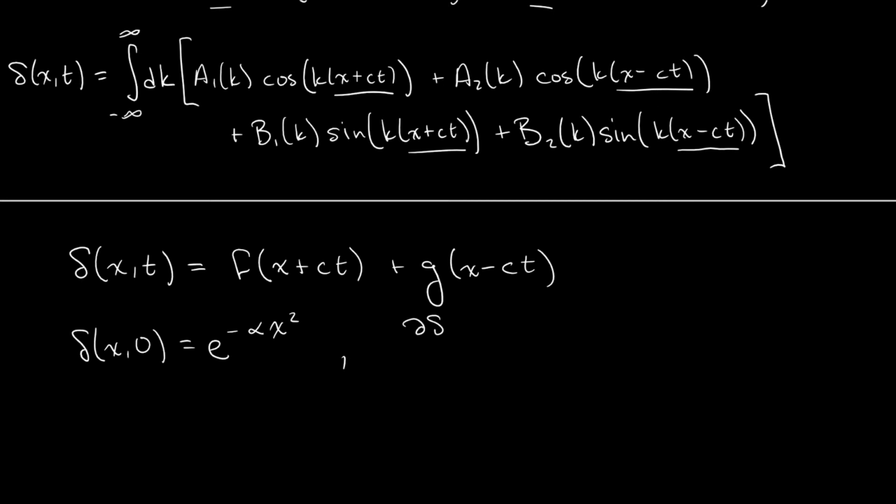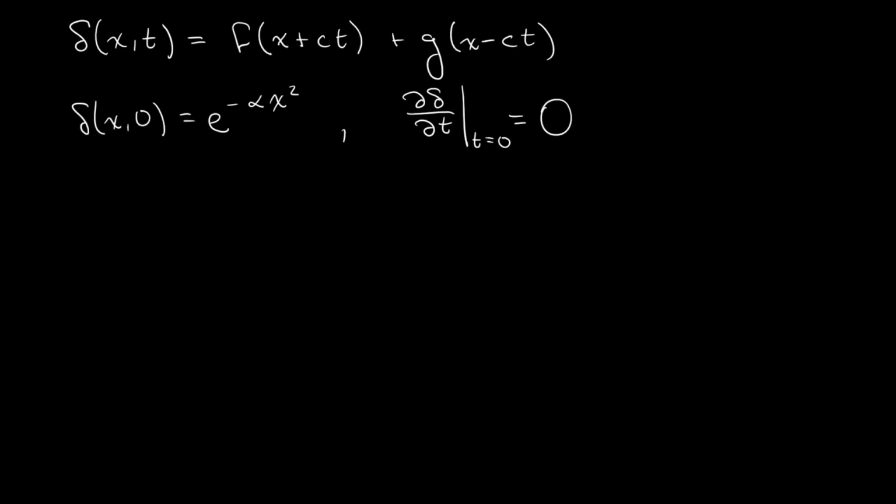So d delta dt at t equals 0 is equal to 0. I'm just pulling it up into this Gaussian configuration and essentially letting it go, or I'm measuring that it has this configuration at t equals 0.